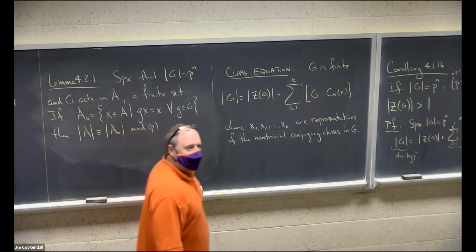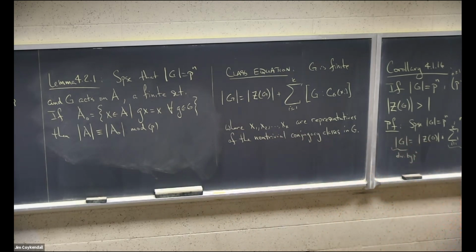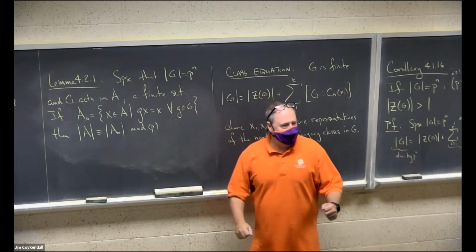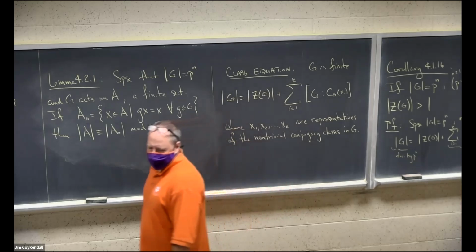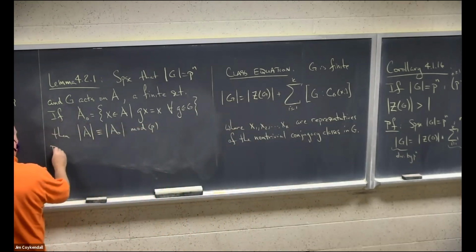That is to say, the number of elements in A minus the number of elements that are stabilized by everything, the difference in that must be divisible by this prime. Okay. Seems magic, so let's see what we get out of this.